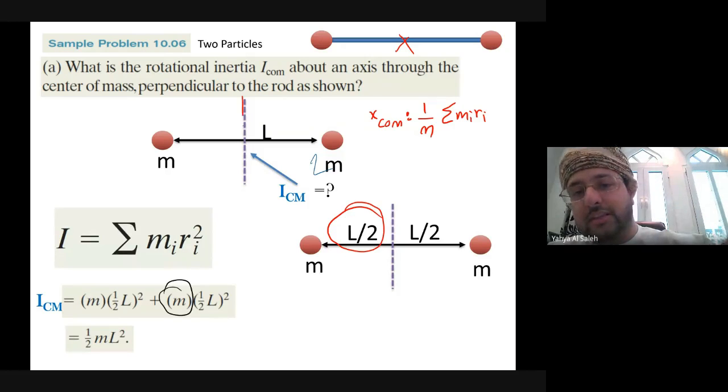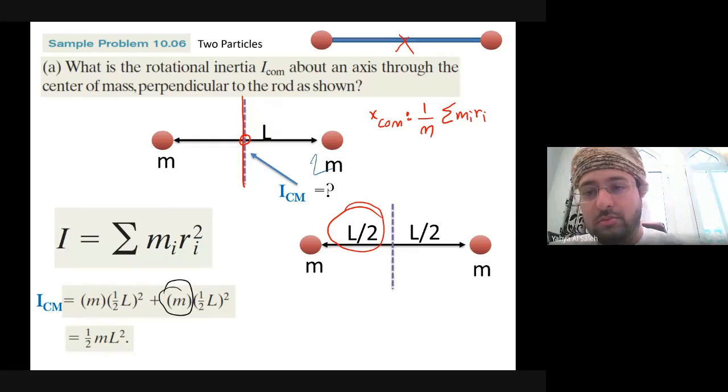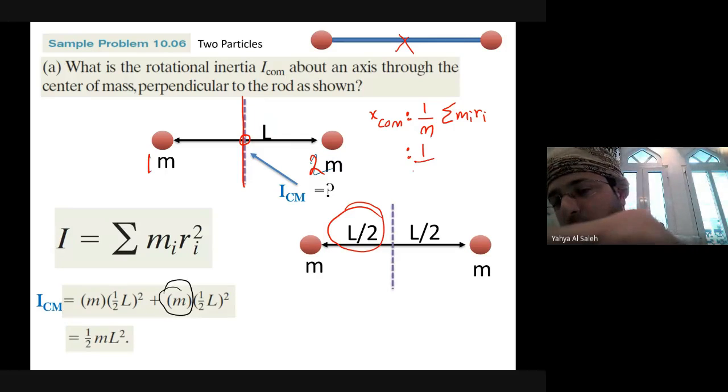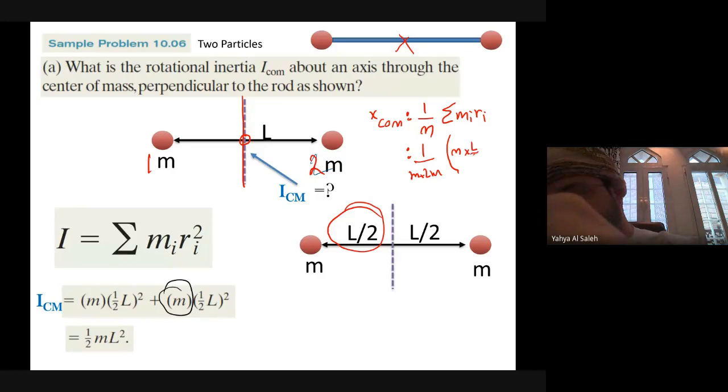I will still take this position to be 0, 0. Say this is 1m, this is 2m. So I have 1 over m plus 2m, sum of m times L over 2 plus 2m times L over 2.